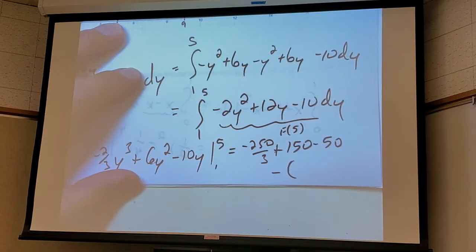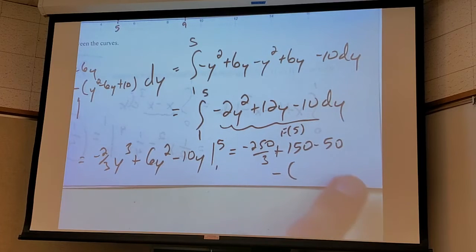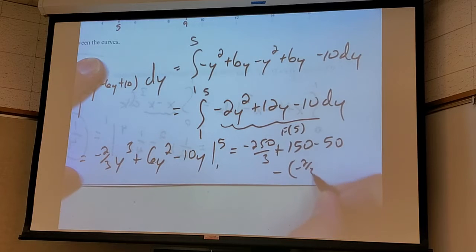Minus everything I'm about to get, right? And now what do I put in here? What I get when I put a 1 in, correct? So I put a 5 in, got this business. Now when I put a 1 in, I just get negative 2/3 plus 6 minus 10.